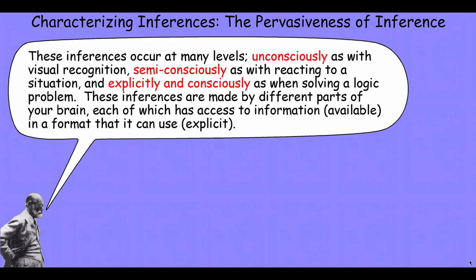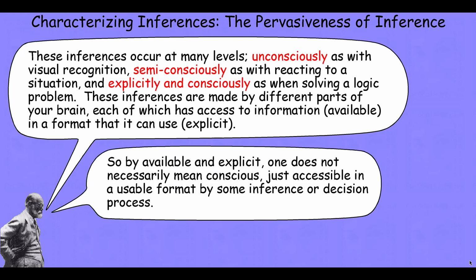These inferences are made by different parts of our brain, different brain systems. Each of those systems, however, has access to information. That information is available to that system, and it's available in a format that that system can use to make the inference, so it is explicit information for that system. But that doesn't mean that it's available or explicit to any other psychological processes, for instance, our conscious awareness.